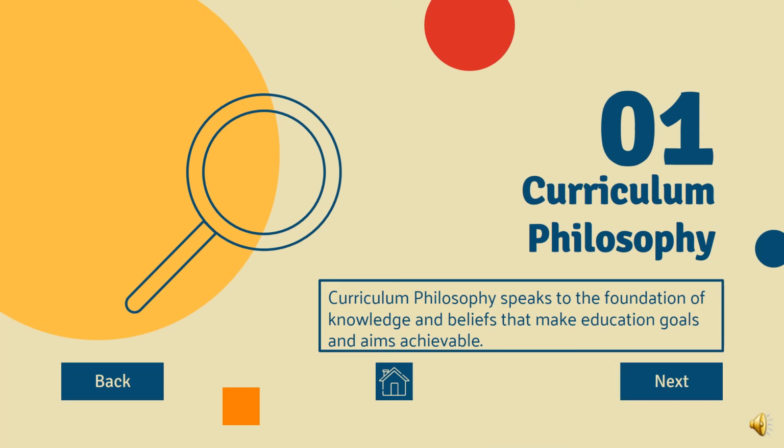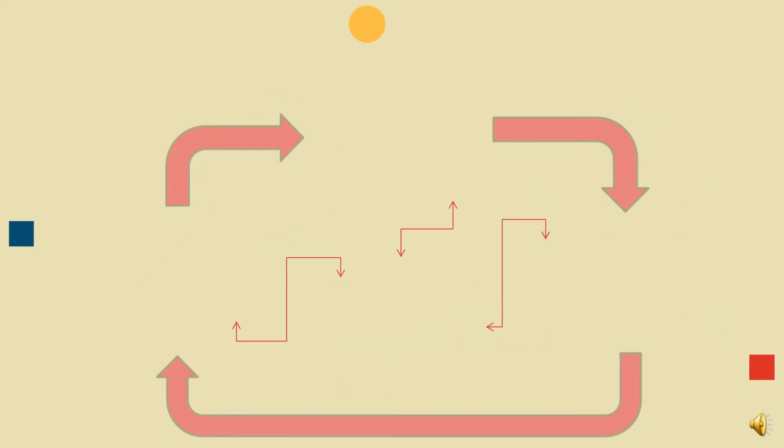Curriculum philosophy. Curriculum philosophy speaks to the foundation of knowledge and beliefs that makes education goals and aims achievable. Philosophy, according to Ornstein and Hunkins, requires looking beyond the immediate to causes and relationship and to future development.